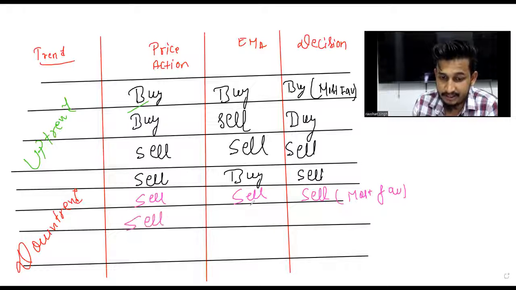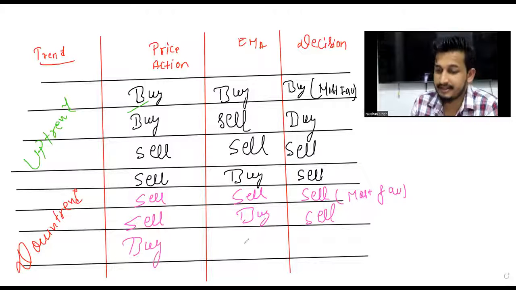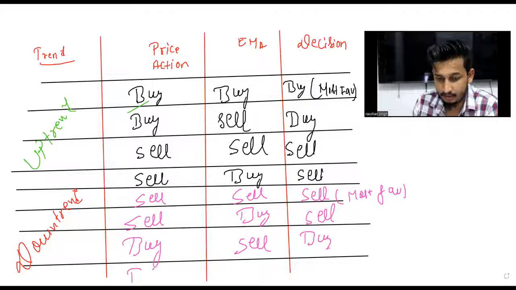If price action is in sell and EMA is in buy, the decision will be the sell side. If price action is showing me a buy entry and EMA is on the sell side, we'll still go for the buy side. If both are in my favor, we'll go for the buy side.